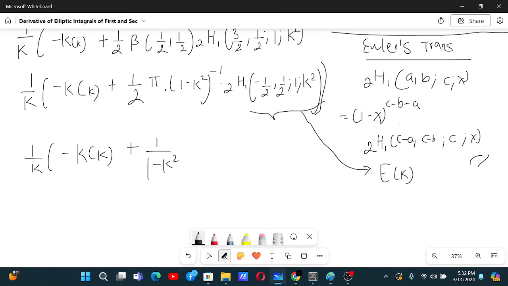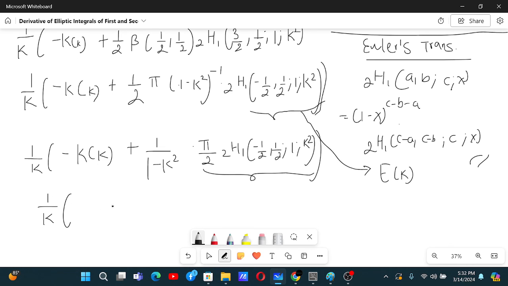Sorry, this along with the pi by 2 is E of k. So pi by 2 times 2F1 of minus 1 by 2, 1 by 2, 1, k square, and this is E of k. That's why we have 1 by k times E of k by 1 minus k square minus K of k, and this is the answer.